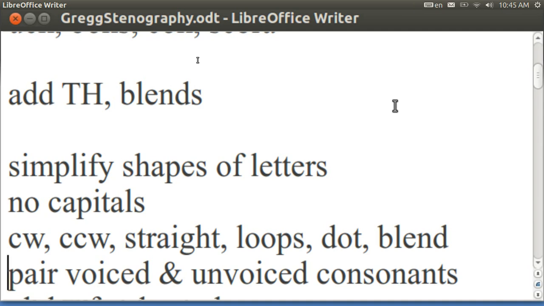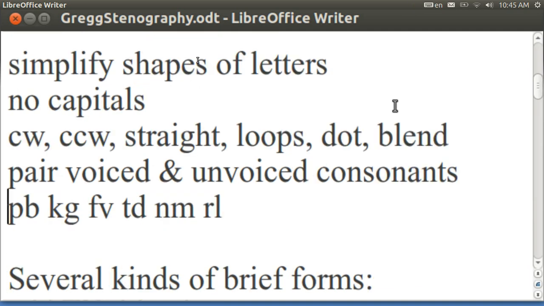He paired up the so-called voiced and unvoiced consonants. If you think about it, if you write the word spear, S-P-E-A-R, and pronounce it, you could spell it out S-B-E-A-R.